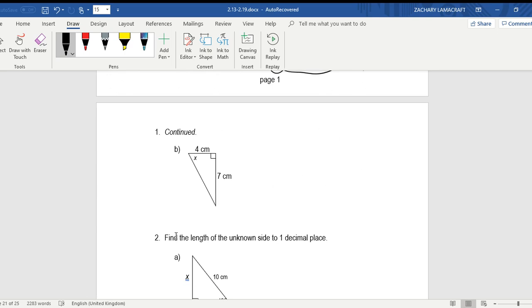For our next one, we have opposite. Which trigonometric ratio are we going to use? Write it in the chat, please.